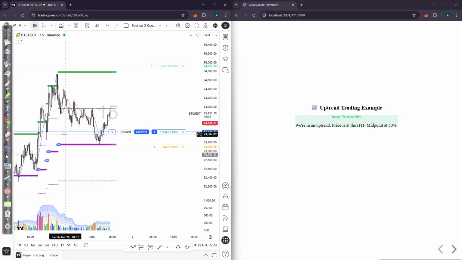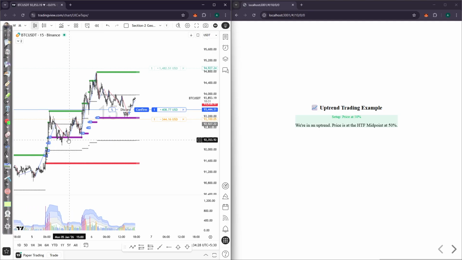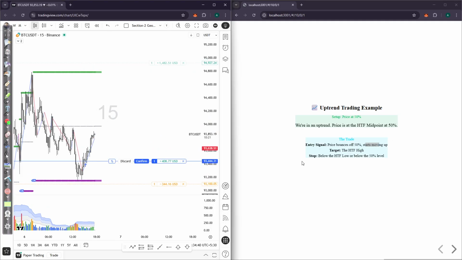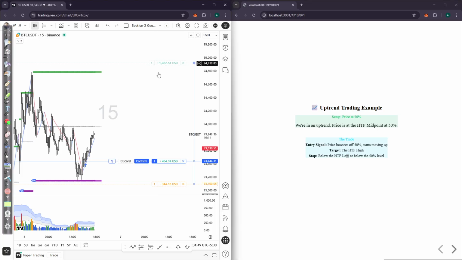In the last lecture, I was showing you this example, and you can infer that this works. See the entry signal: price bounces off 50% and starts moving up. That's what we did here. If you haven't watched that video, please go ahead and watch the last video. And the target is STFI. I put the target here.